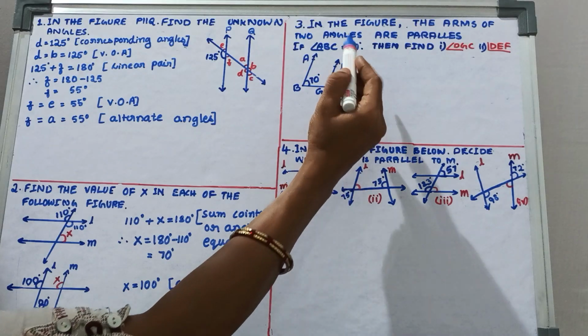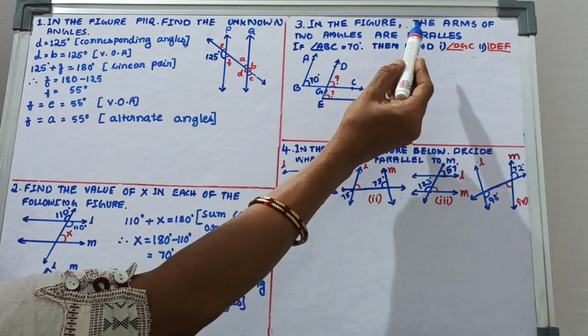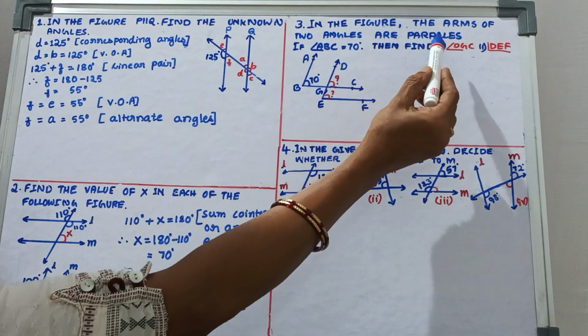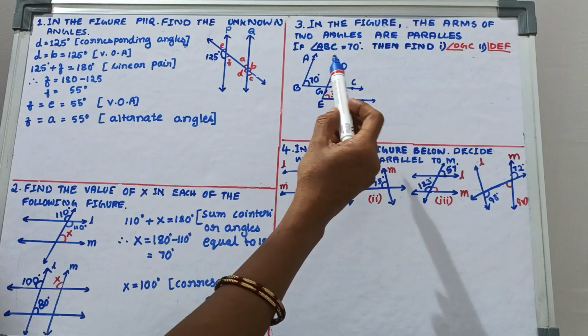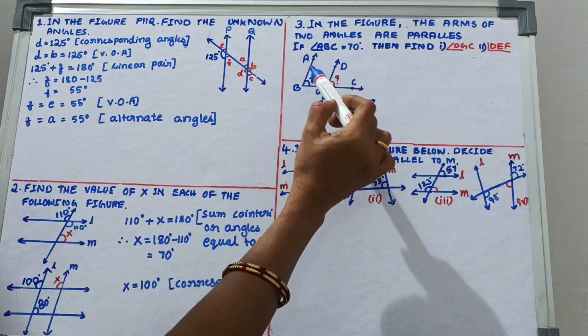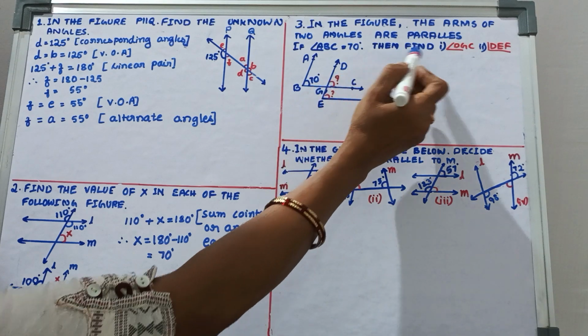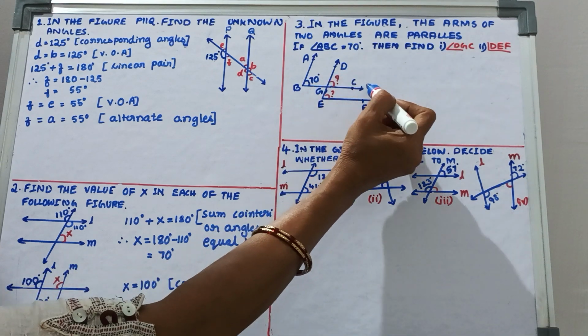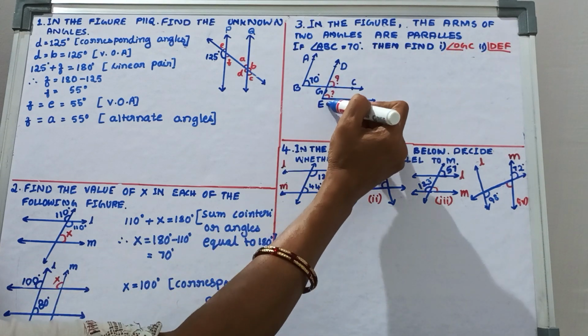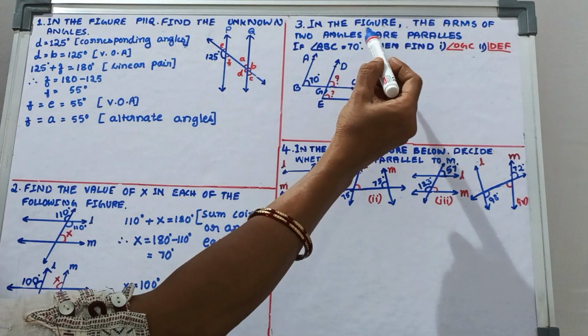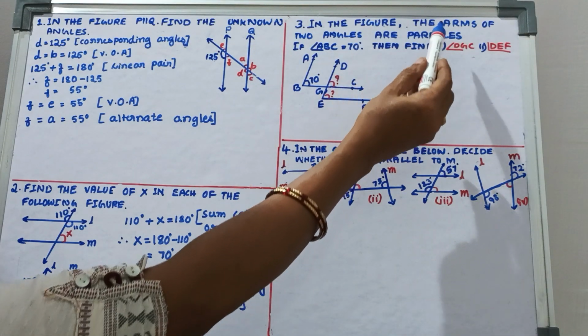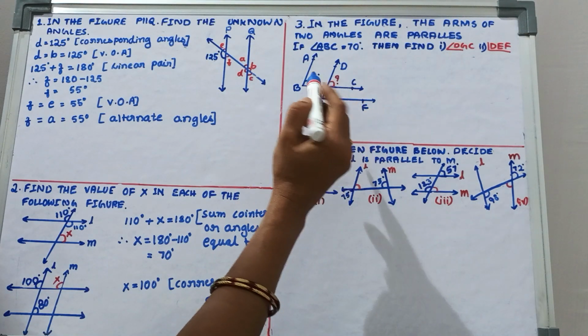Next one. In the figure, the arms of two angles are parallel. If angle ABC equals 70 degree, then find DGC and then DEF. The problem it is given arms of two angles.